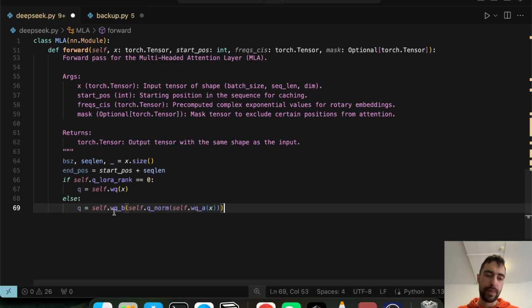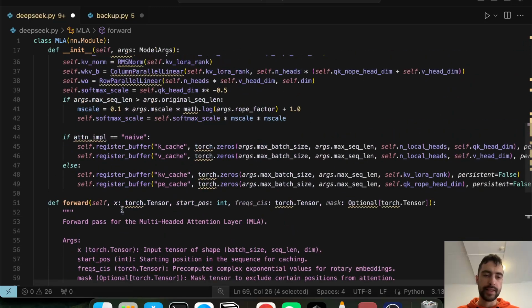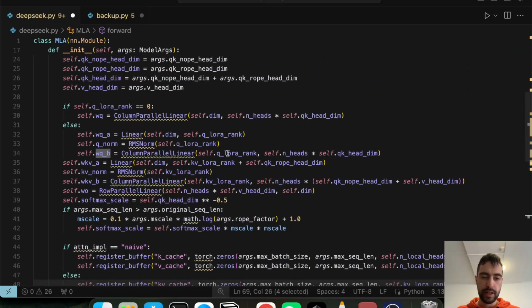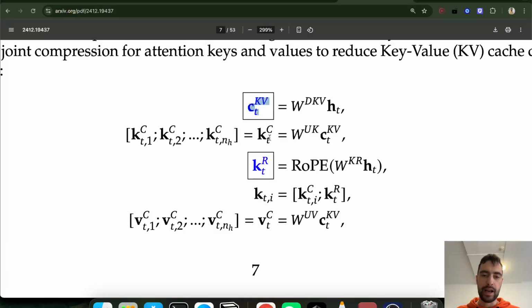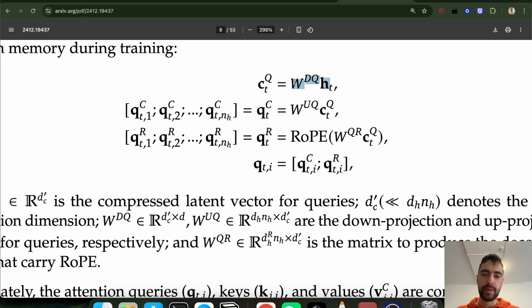And then we'll pass it through the second part, WQB. Sorry, we are calculating queries here. So the first part will get this, and the second part is the WQB matrix, and we will get the full query vector.